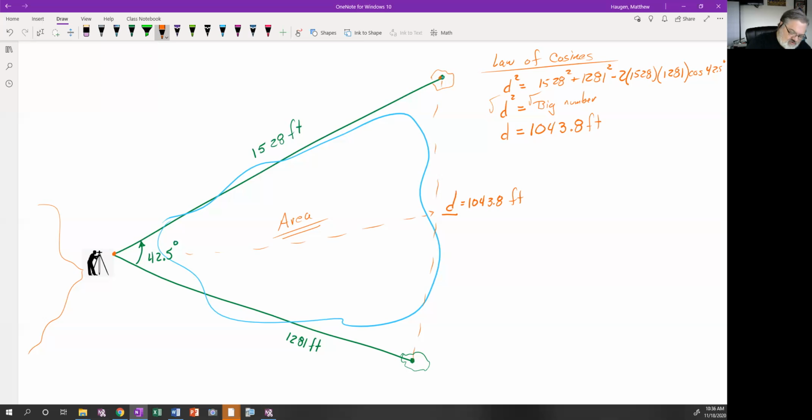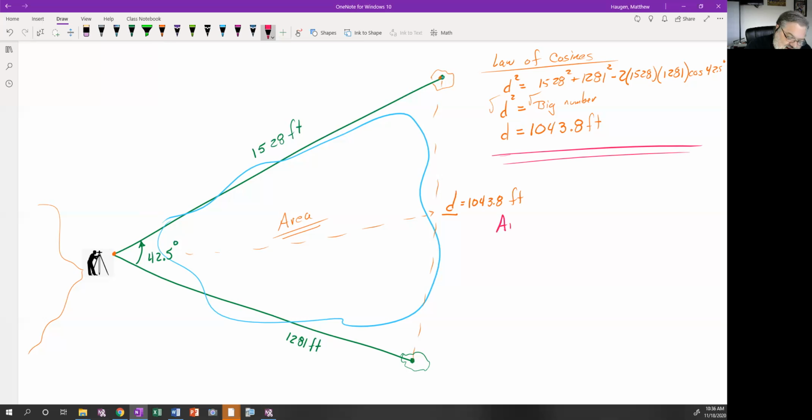Okay, so if we wanted to know the distance between those 2 objects, or that distance kind of across this side of the lake, then great, we know that. Okay, did that work so far? Yes. Cool.